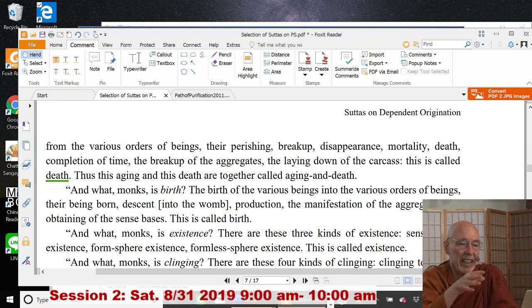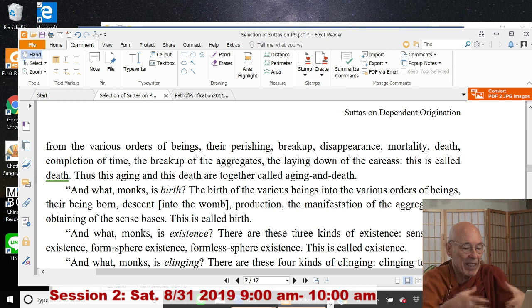As we're going to see, the acquiring of the sense bases in the case of a human life takes place in sequence. We don't acquire all 6 sense bases at the very moment of conception. But what's acquired at the moment of conception is the body base and the mind base.